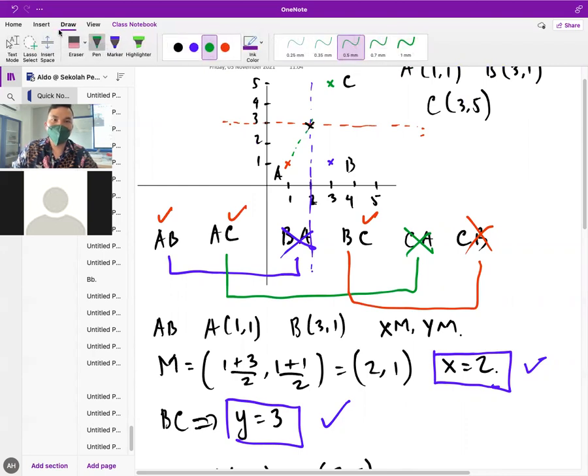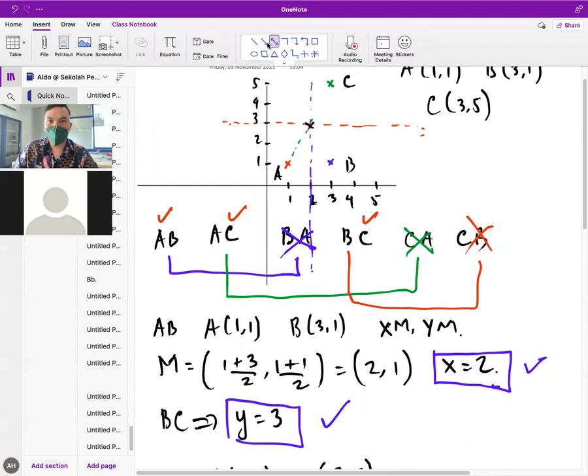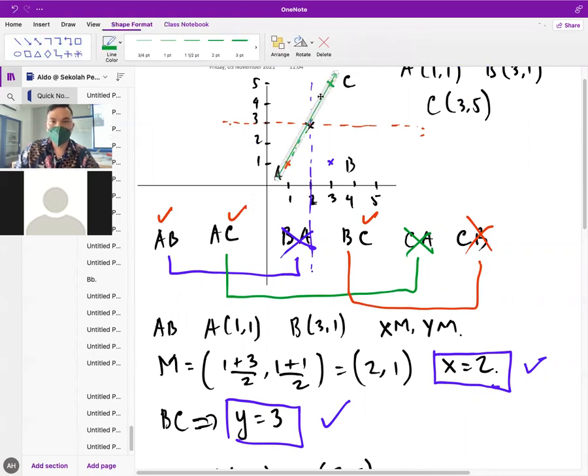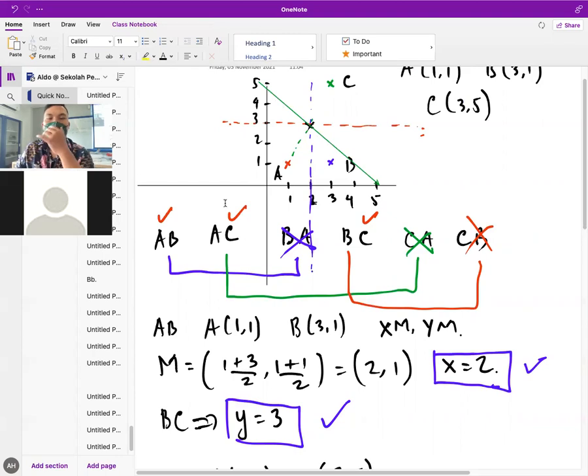Insert draw. Therefore, the perpendicular bisector will be like this one.